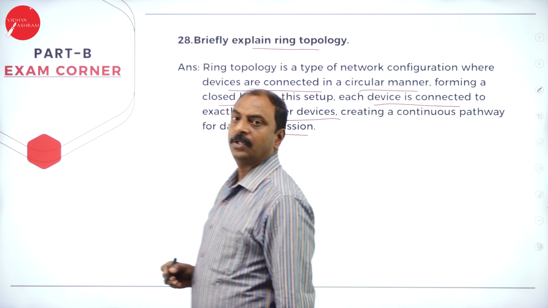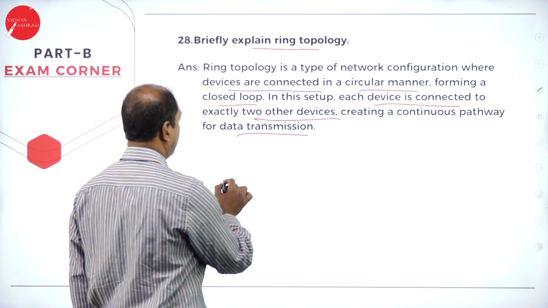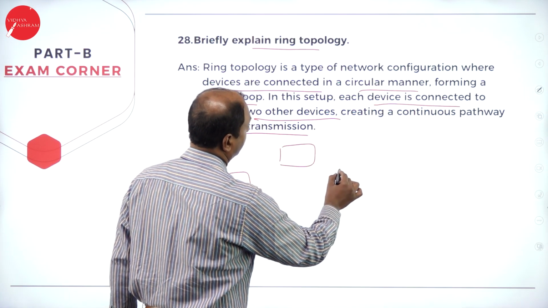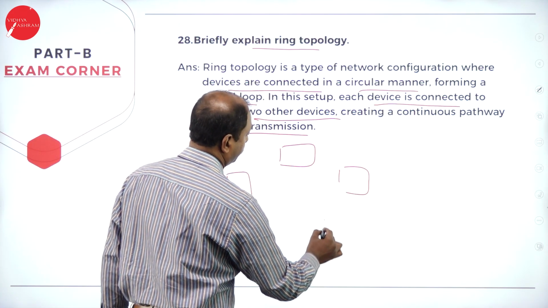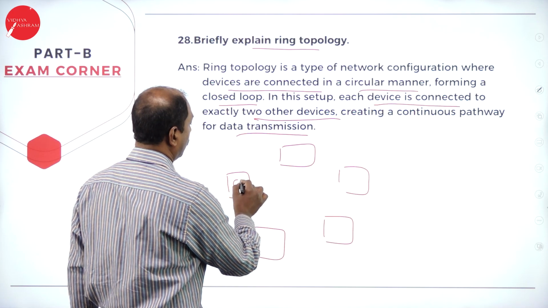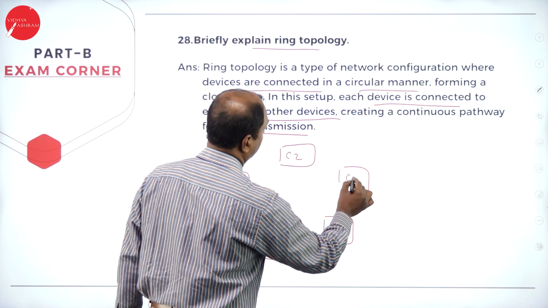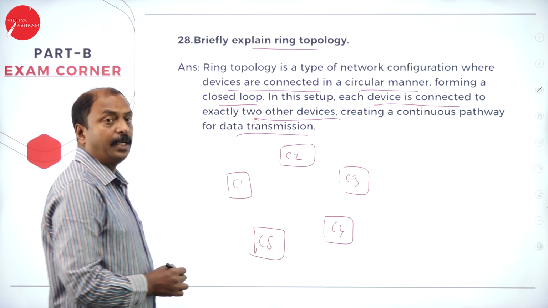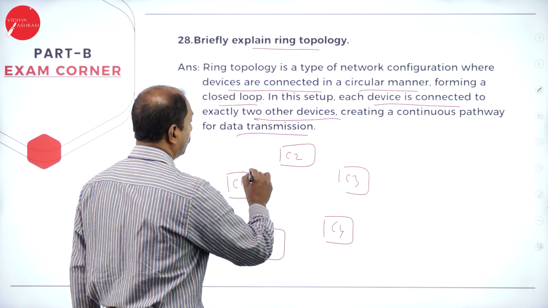You can imagine it like this. Suppose this is one computer, the second computer, the third, the 4th and 5th. Suppose these are all different computers, and in ring topology, each node is connected to two different nodes.